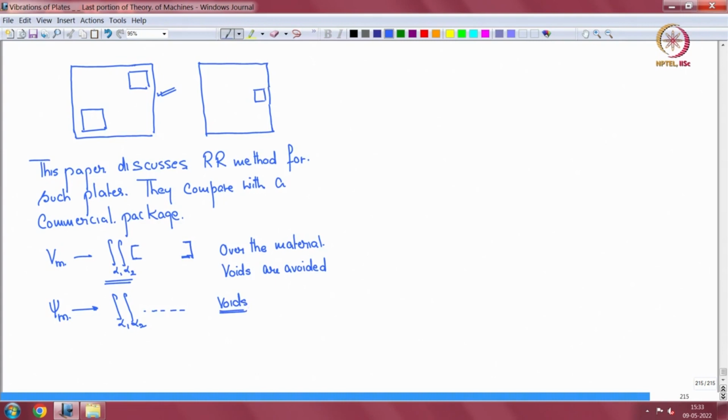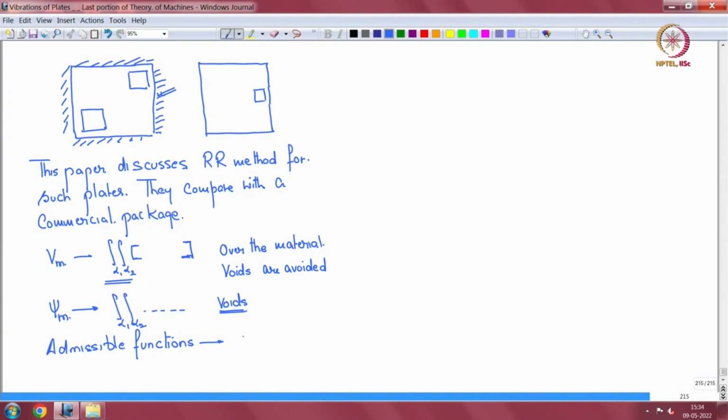Okay. Then what you do is you form your admissible functions. You can use the same set of functions that satisfy the outer boundary conditions. For example, you can even use Bhatt polynomials based on what conditions you have.